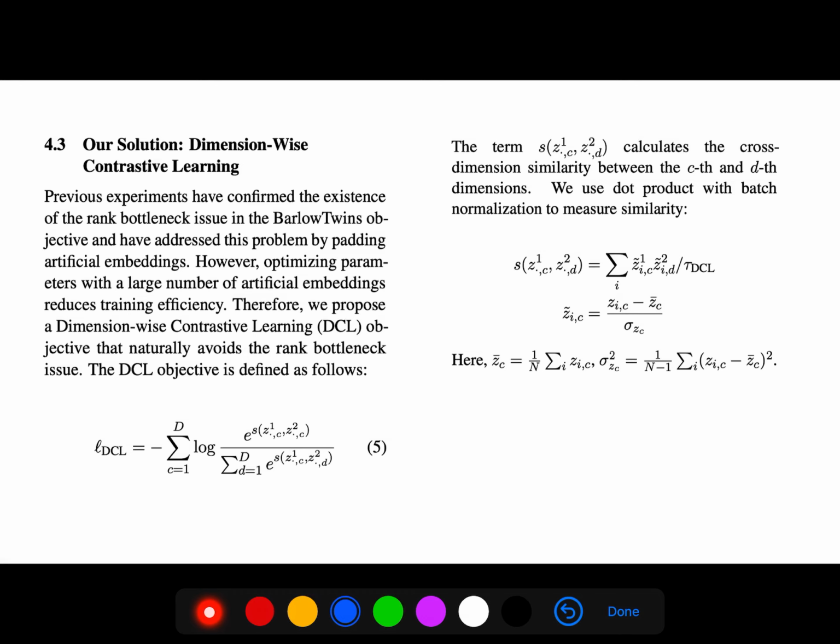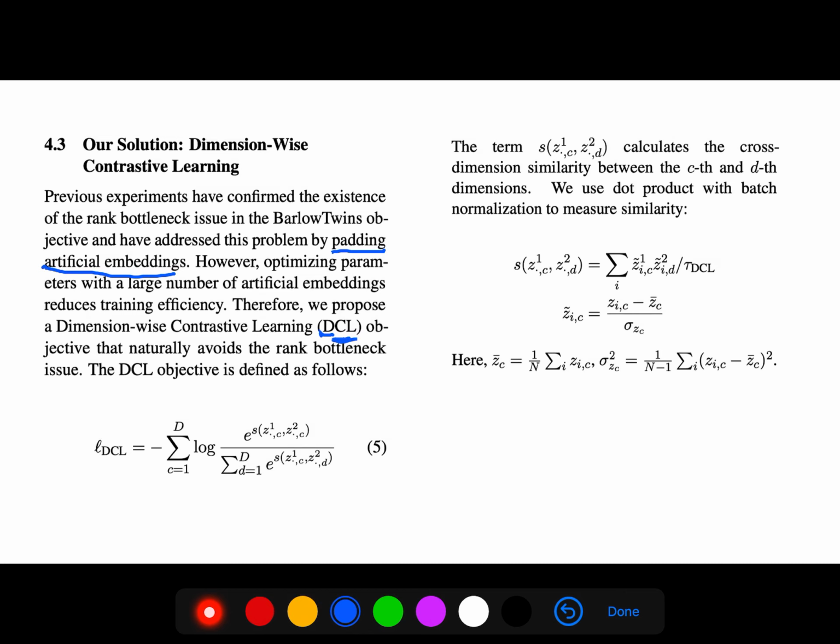But the solution of this paper is dimension-wise contrastive learning. Previous experiments have confirmed the existence of the rank bottleneck issue in the Barlow Twins objective and have addressed this problem by padding artificial embeddings. However, optimizing parameters with a large number of artificial embeddings reduces training efficiency. Therefore, we propose this dimension-wise contrastive learning that naturally avoids the rank bottleneck issue.